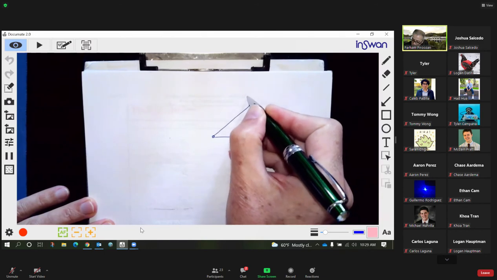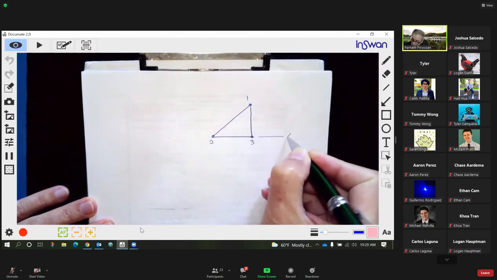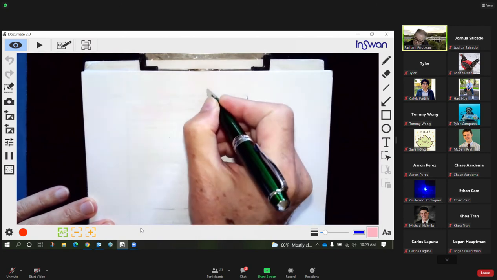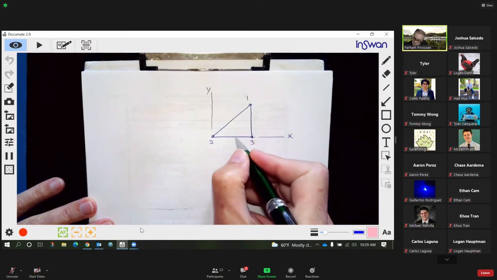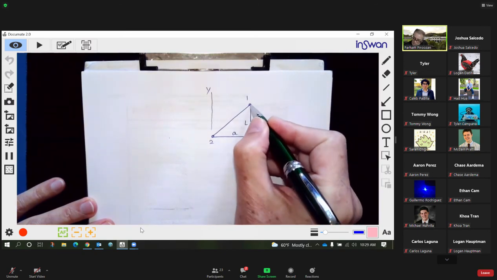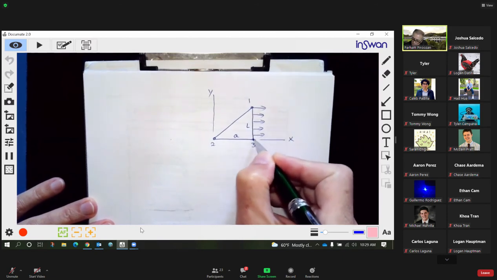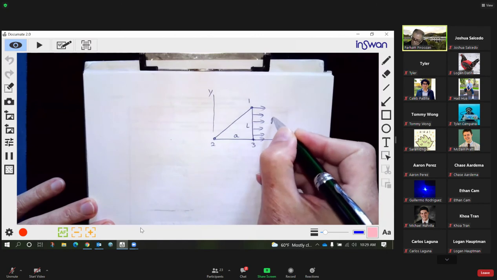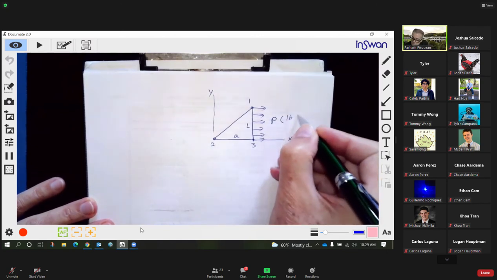We said this is node 1, node 2, node 3. This is our x-axis, this is our y-axis. And we said this side is A, this side length L, and we are applying a traction P, in pounds per inch squared, let's say.